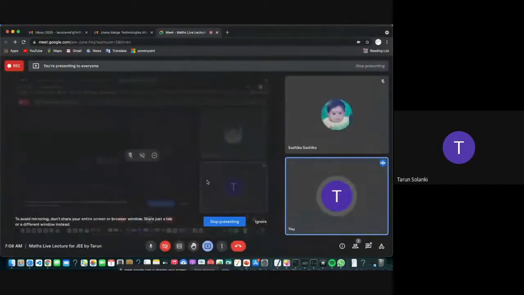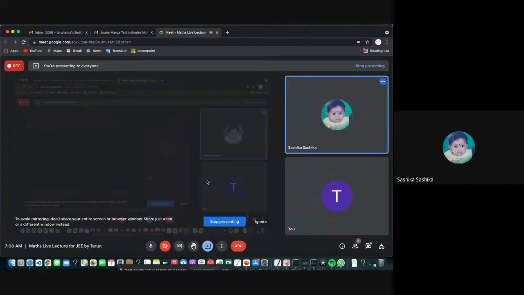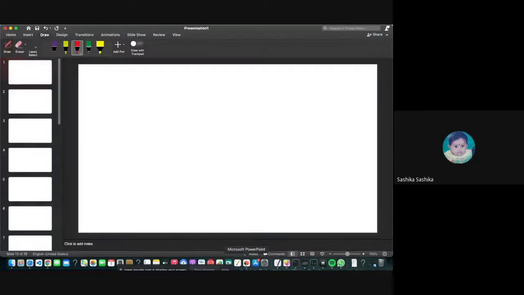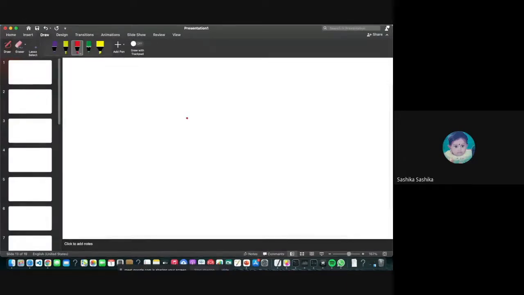Let me know if the screen is visible to you. Yes, sir. Okay, so the first example, if R and S are positive, then the roots of the equation, let me write the equation.